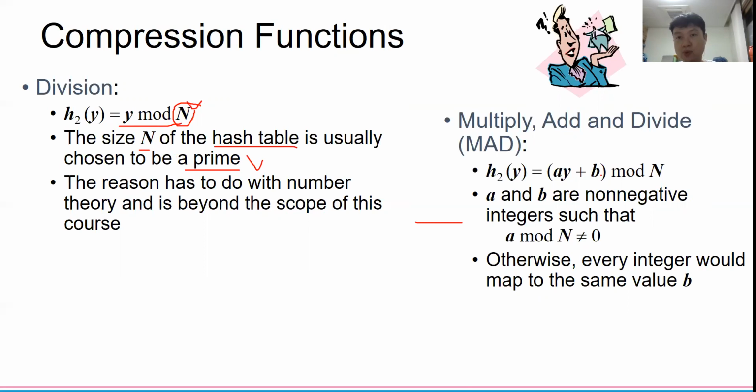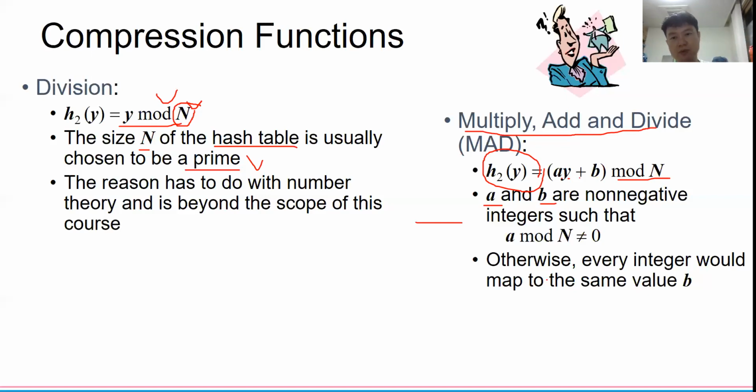You can also use the multiply, add, and divide function, MAD. Instead of using only mod, we use ay plus b mod n. There may be another requirement, for example, a and b are non-negative integers with a mod n not equal to 0.